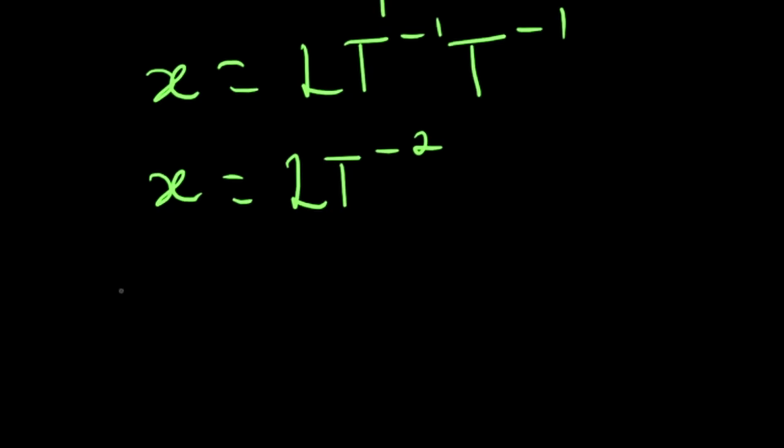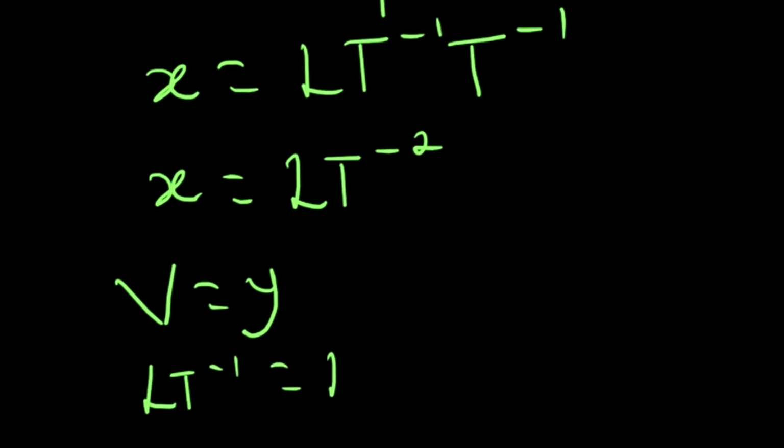Our equation 3 says that v is equal to y. Correct. Okay, so v is equal to y. Now, this implies that the dimension for v is also the same as y. There is no difference. Therefore, we say LT^-1 is equal to LT^-1.